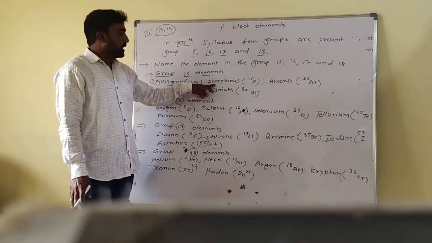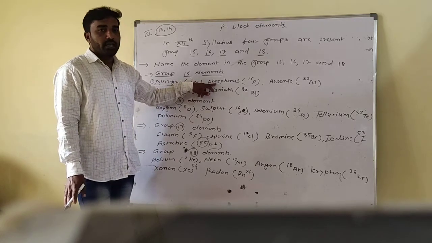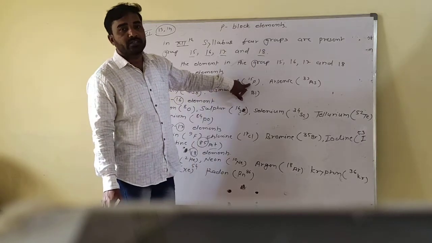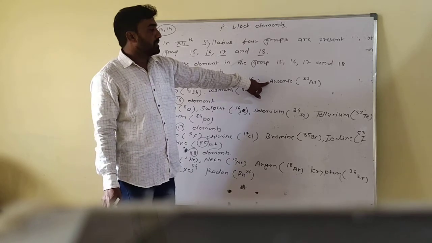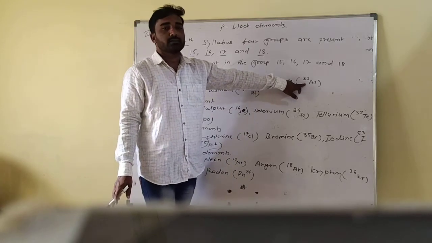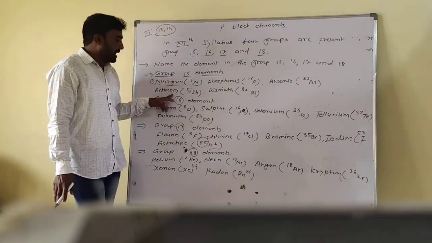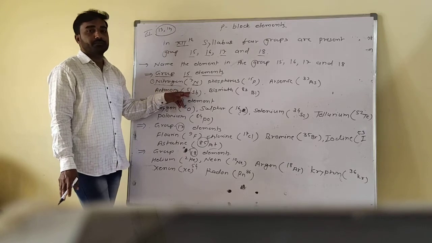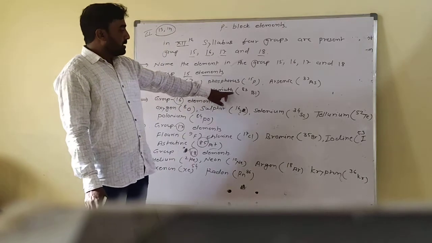Another element is phosphorus, the second element of group 15, with symbol P and atomic number 15. The third element is arsenic, symbol As, atomic number 33. The fourth element is antimony, symbol Sb, atomic number 51.